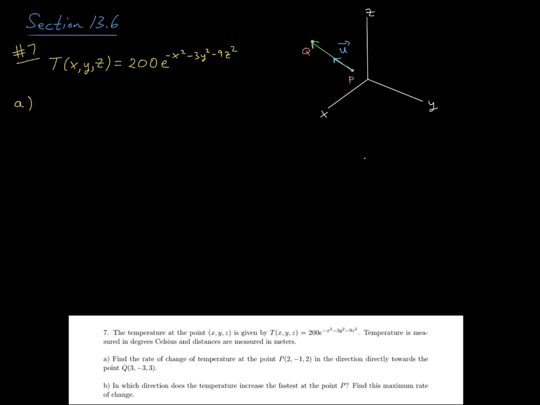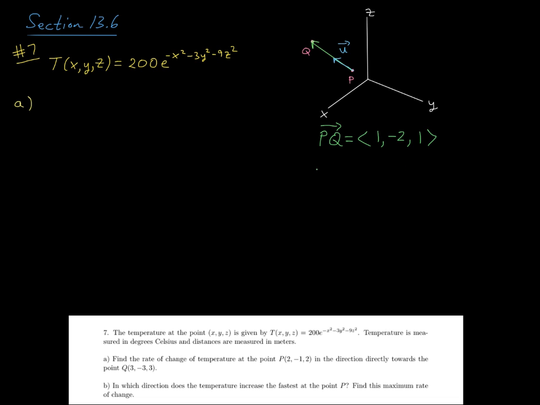The first thing to point out is that this vector PQ, our direction of motion, has components found by subtracting the coordinates of P from Q. So 3 minus 2 is 1 for the i component of PQ, -3 minus -1 is -2 for the j component, and 3 minus 2 is 1 for the k component.